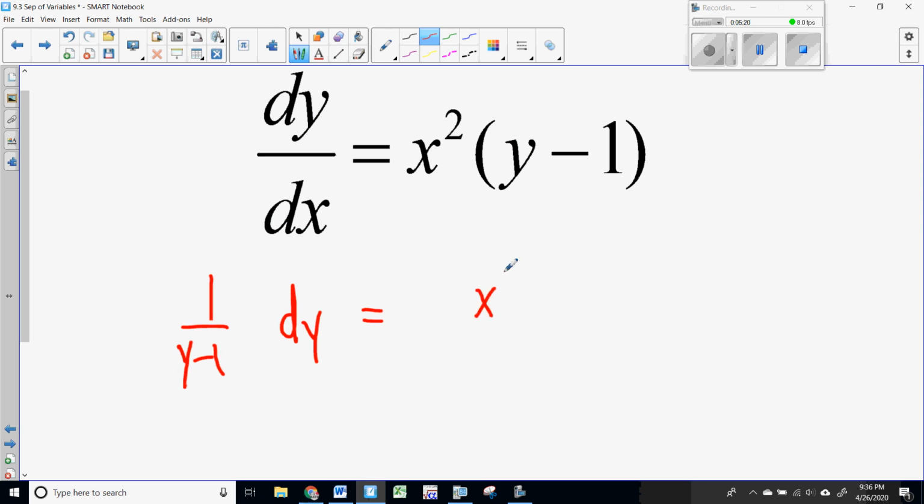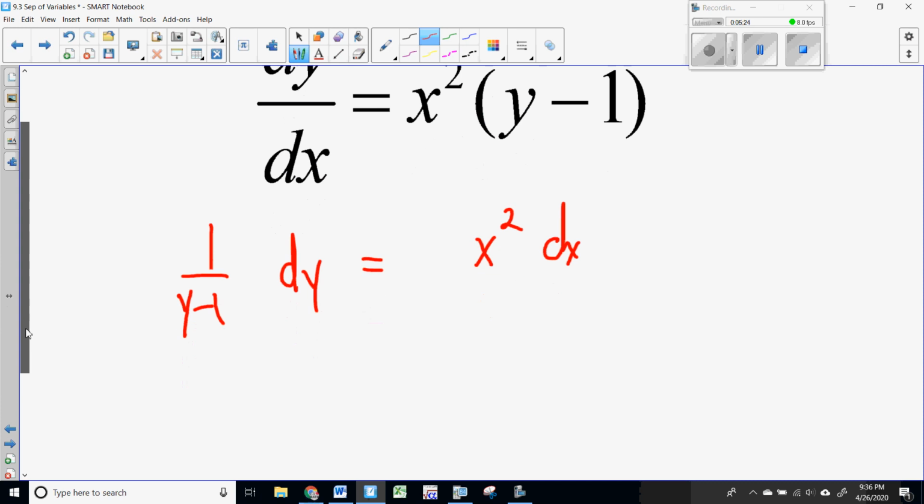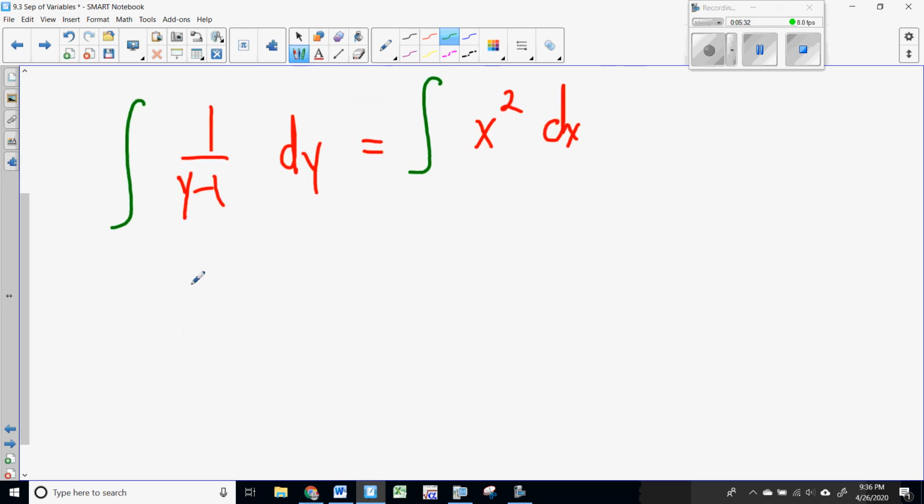Over here, I have x squared dx. Now, we need to take the antiderivative of both sides. The antiderivative of 1 over y minus 1 is natural log of the absolute value of y minus 1, and the antiderivative of x squared is 1/3 x cubed plus c.